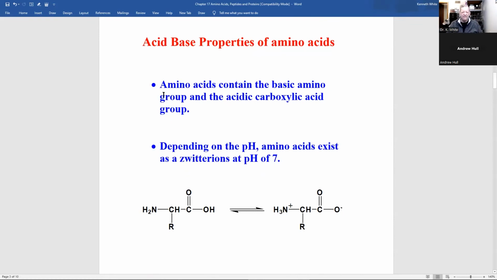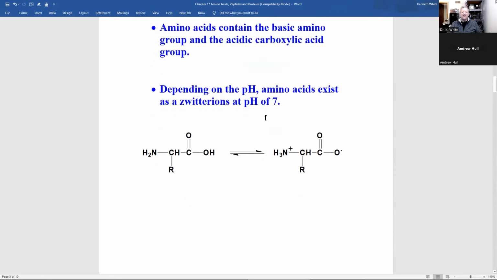Now, it turns out amino acids contain both an amino group, which is a base, and a carboxylic acid group, which is an acid. And depending on the pH, if you're close to 7, this acidic proton reacts with this base.